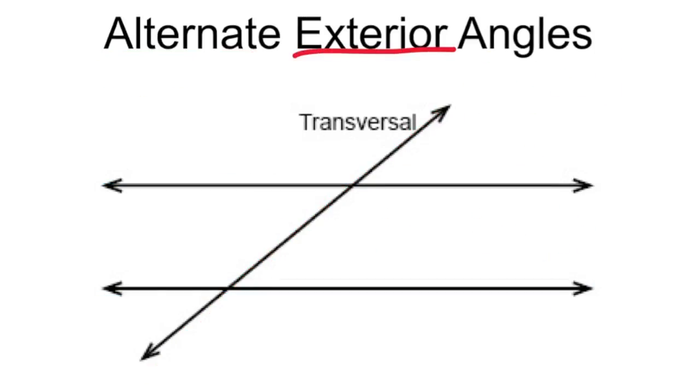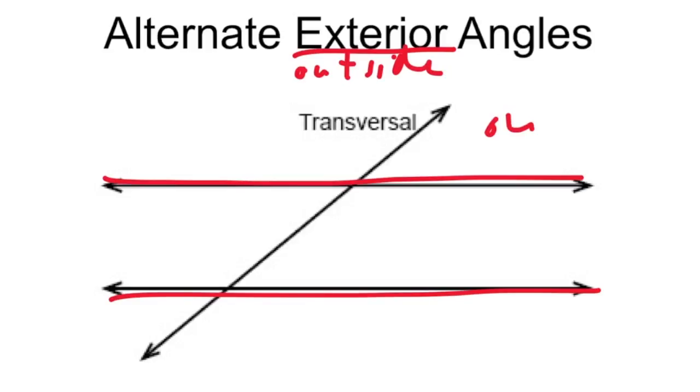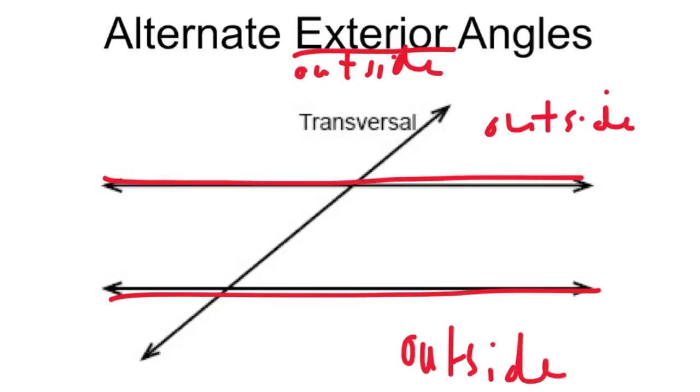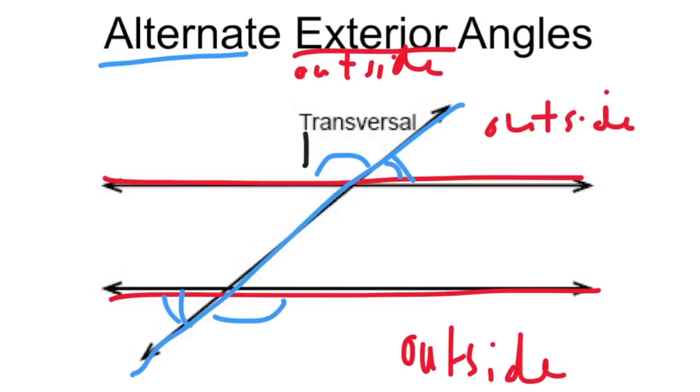Alternate exterior angles are also equal. Exterior means on the outside of the parallel lines. So alternate exterior angles are going to be the angles that are the same on opposite sides of the transversal on the outside of the parallel lines.